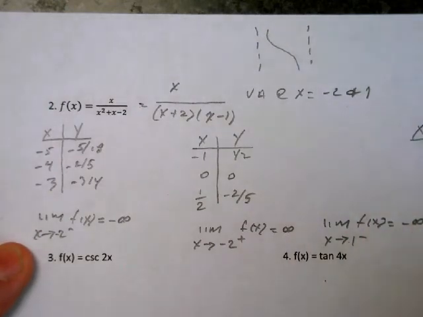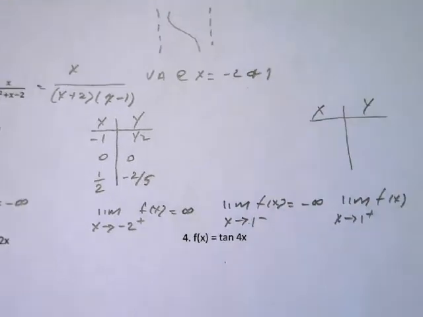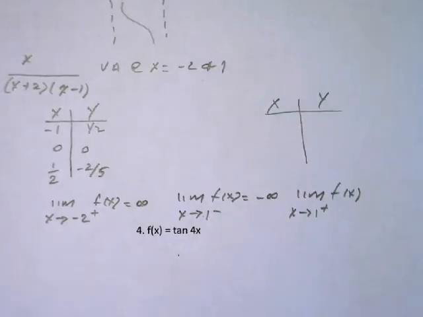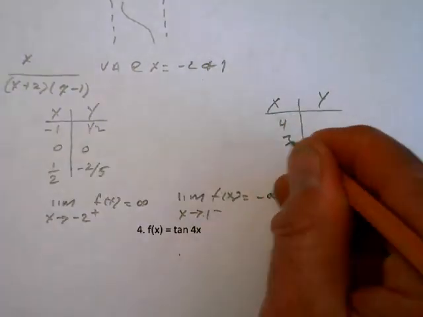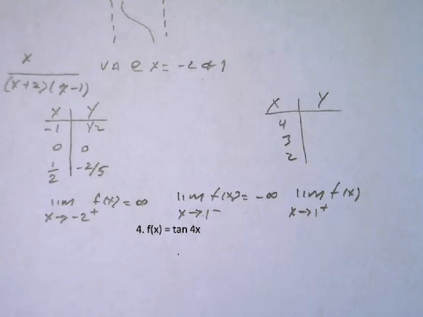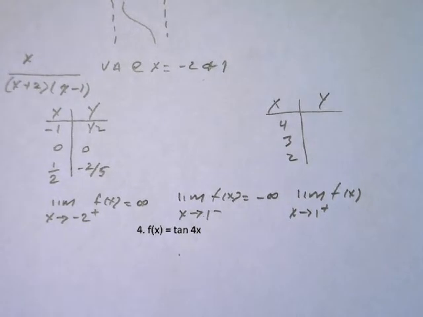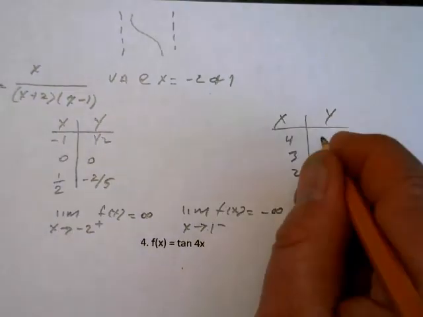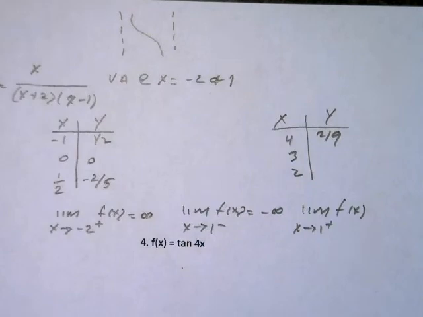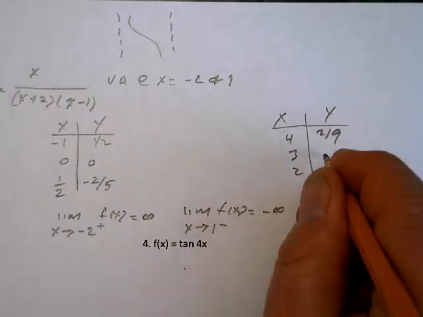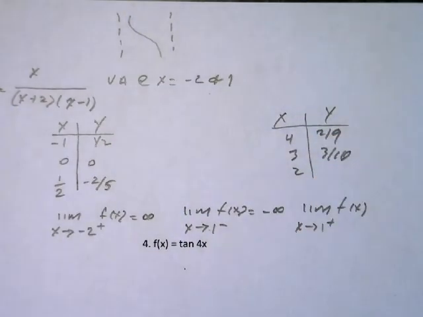Now let's take a look at the limit as x approaches 1 from the right of f of x. If x is 4, y is 2/9.